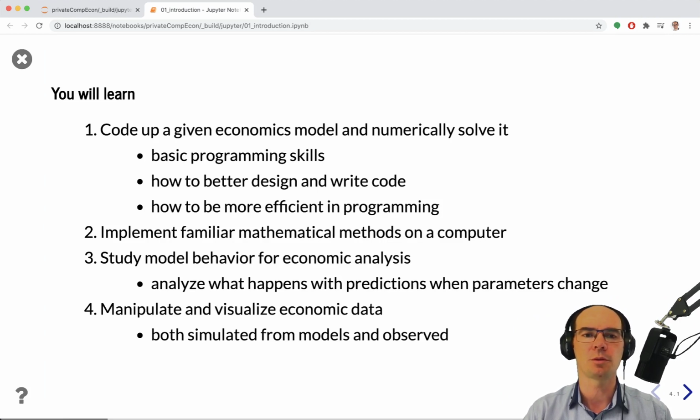You will know how to implement familiar mathematical methods on a computer, and generally how to study the behavior of an economic model. For example, we will analyze what happens with the implications of the model when the fundamental parameters change. We will also learn how to manipulate and visualize the data.